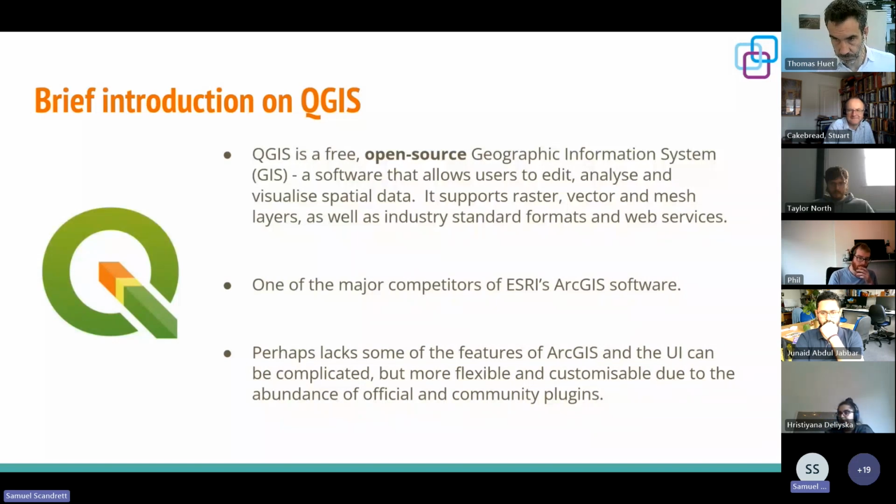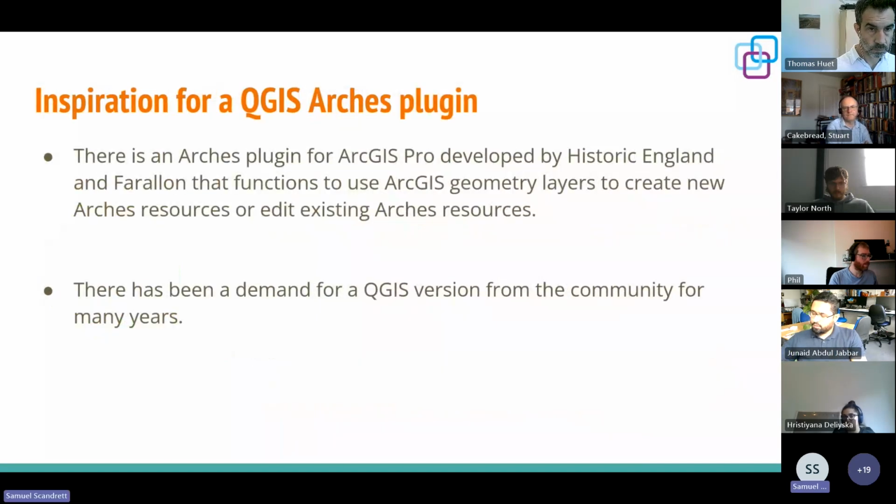The good thing about QGIS is it's flexible and customizable, because you can have official and community plugins in QGIS itself. You can click on the plugins tab and download them all. So that's good. I think there's the same in ArcGIS Pro, but I don't know if it's as nice, as you can click on a drop down, all that sort of stuff.